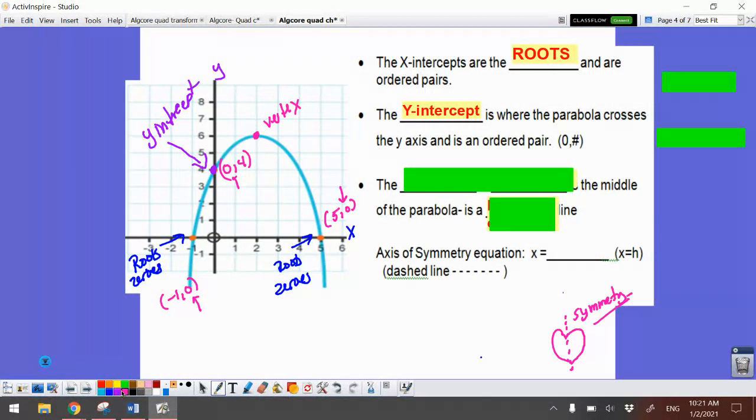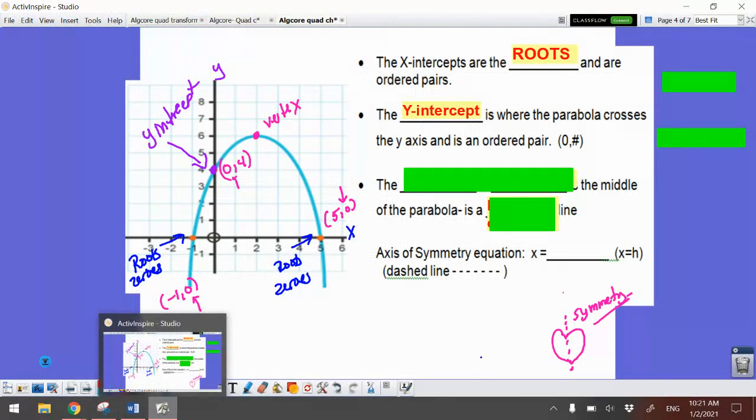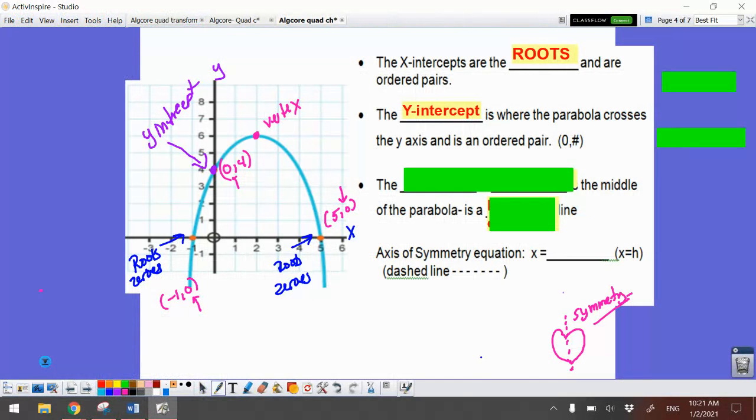Well, what we haven't really talked about yet is that we have an axis of symmetry. So I'm going to draw it, and you'll notice that I'm drawing it through the center of my parabola. This is the axis of symmetry.